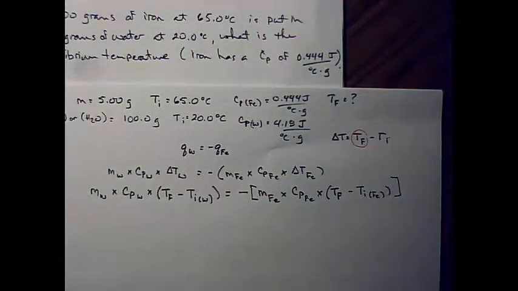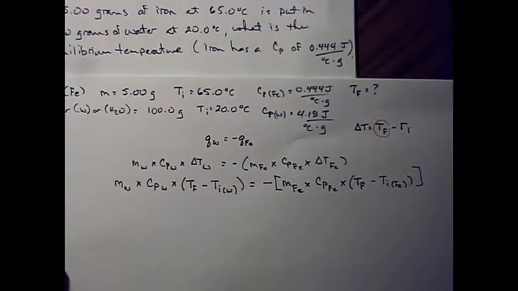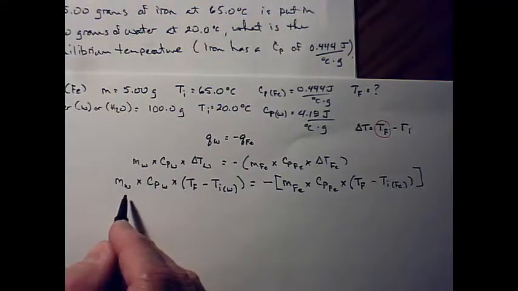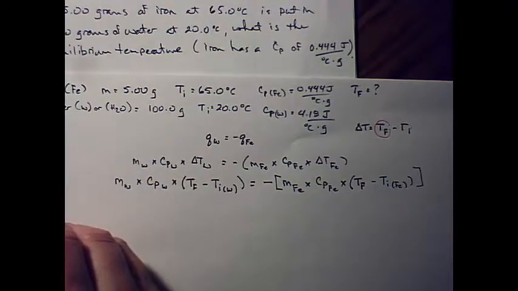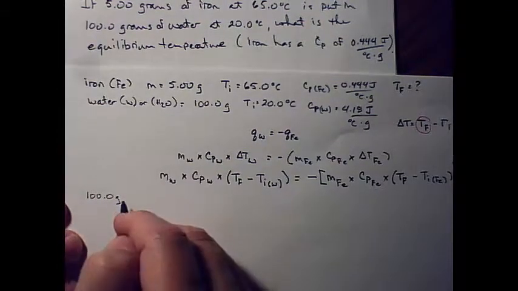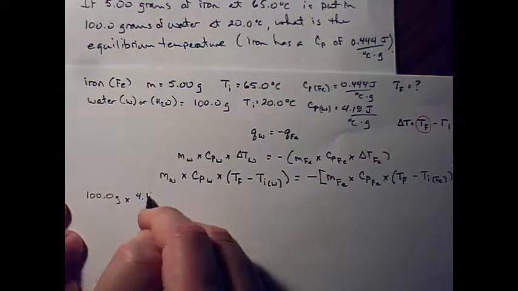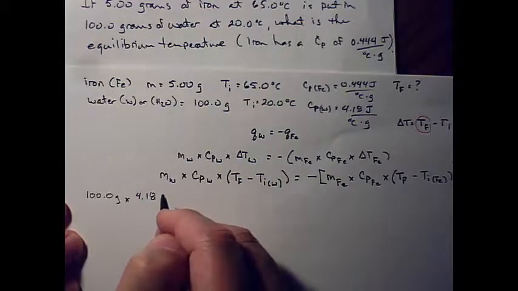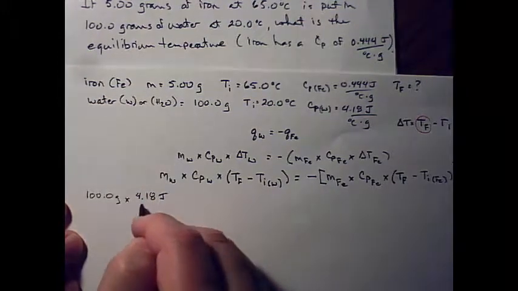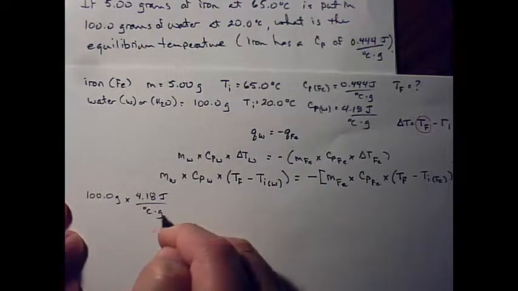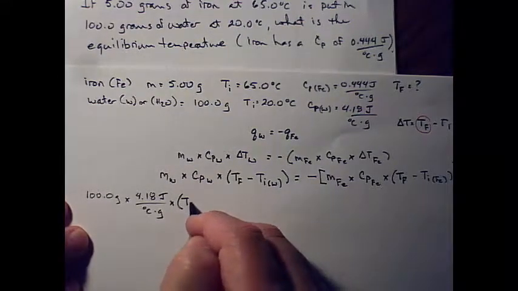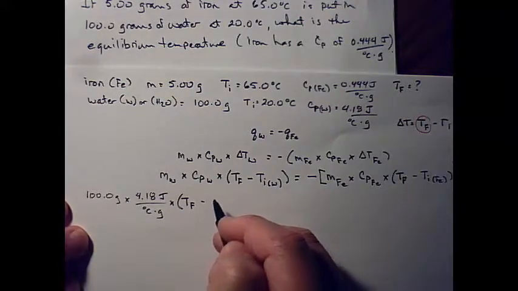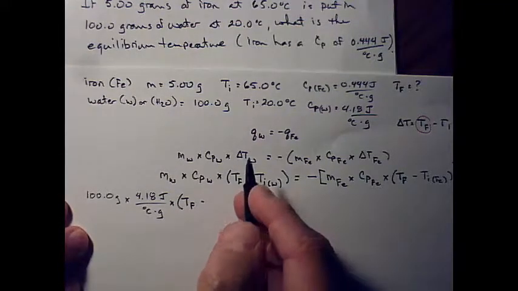Okay? Now we start plugging everything in. So the mass of the water is 100 grams. The specific heat for the water is 4.18 joules per degree C per gram. The temperature final is what we don't know. Temperature initial for the water is 20 degrees.